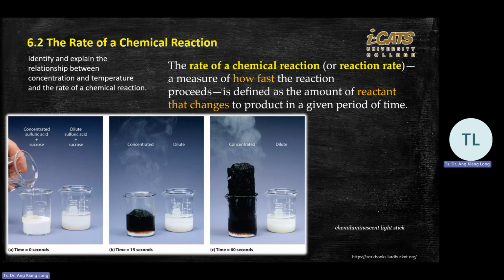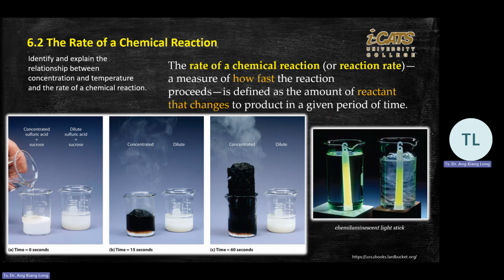So this is for chemistry. This another one is the luminous light stick. So you can see when you bend it, the chemicals will mix, and then you'll see the luminance of the light.